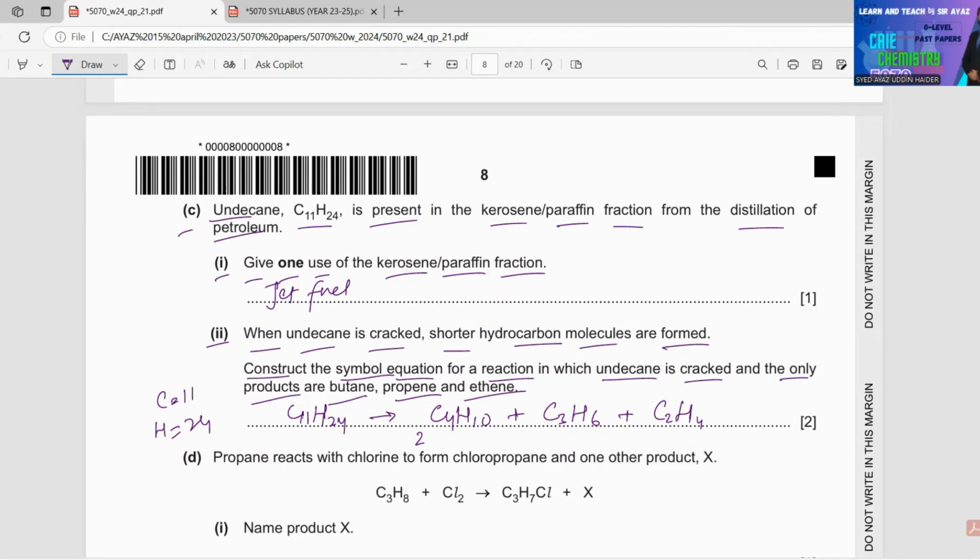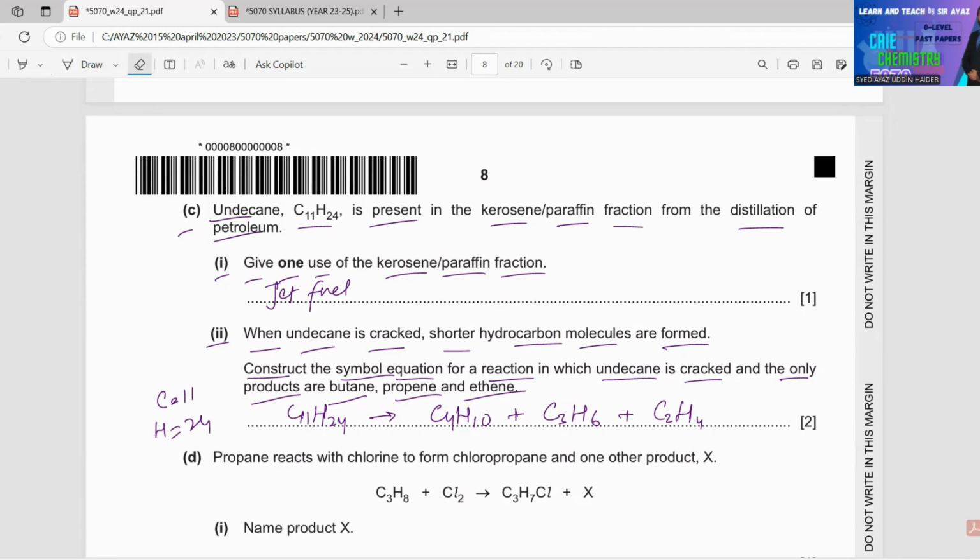No, we can't use 2 because this is increasing the carbon atoms. So 2 is the wrong option for butane. Let's place 2 before propene. So we have 2, 3 is 6. 6 plus 4, 10. 10 plus 2 is 12. Again, this is also wrong.